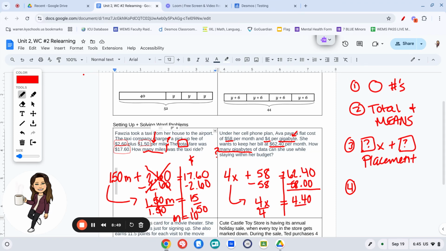And then divide by 4. So X would equal 1.1. So 1.1 gigs of data in order to stay within her budget. That's not a lot. All right, let me erase.